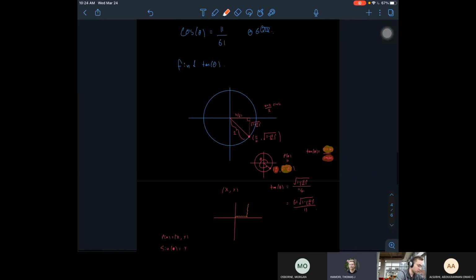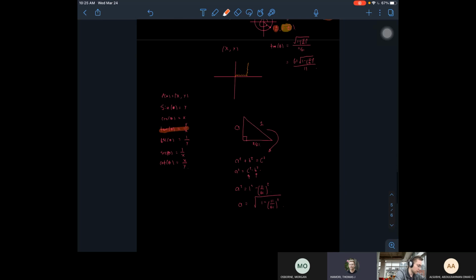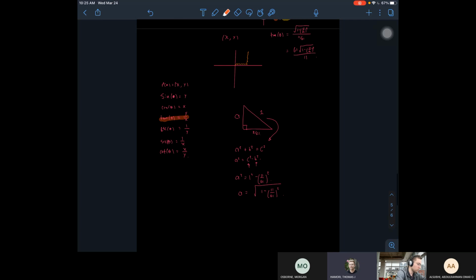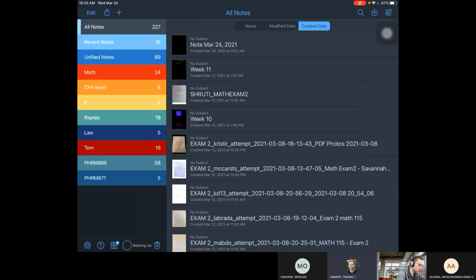All right, any comments or questions? No, but I did have a question in regards to the exam. Are we allowed to use a unit circle with all the degrees and radians on them? Yeah, it's open notes.